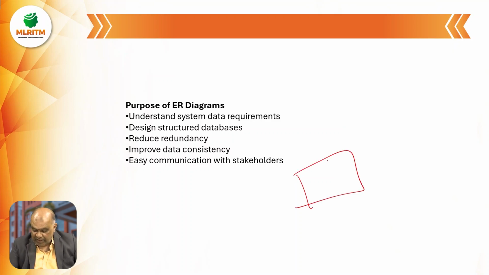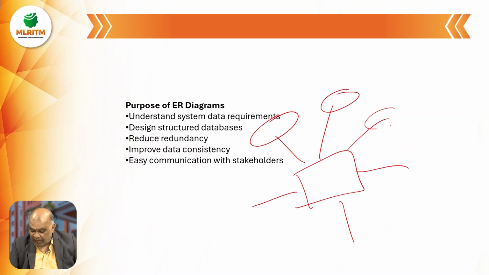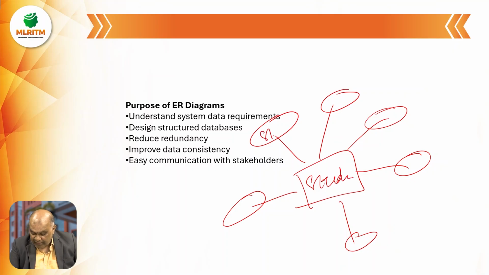We have one ER diagram here. This ER diagram has some attributes, and all the attributes are represented with ovals. If I specify this as a student entity, then student ID is underlined, which means it is a primary key.